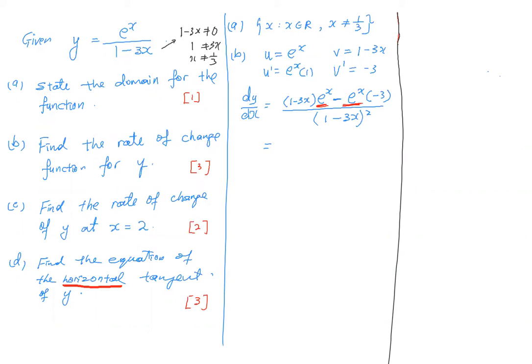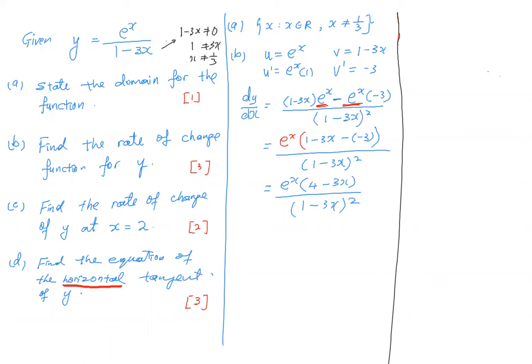You take out e to the power of x, open bracket, 1 minus 3x minus -3, divided by 1 minus 3x, the whole thing squared. So simplify that. 4 minus 3x over 1 minus 3x squared. So you get your 3 marks.